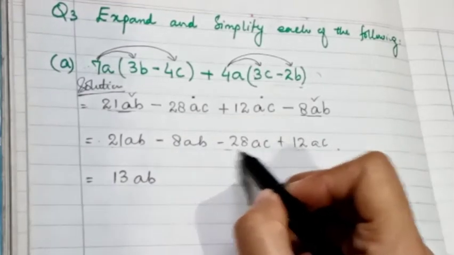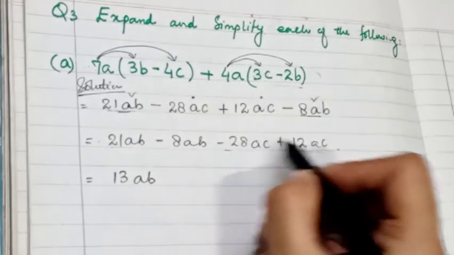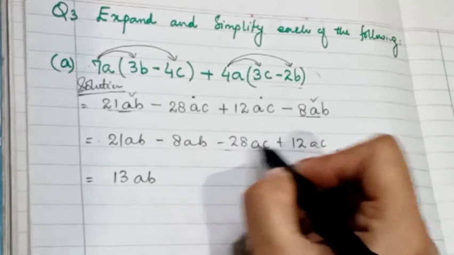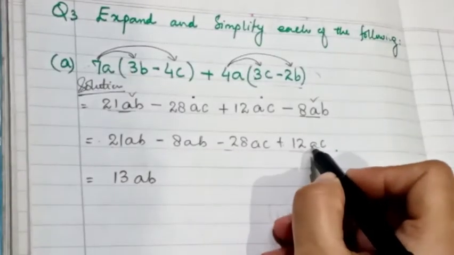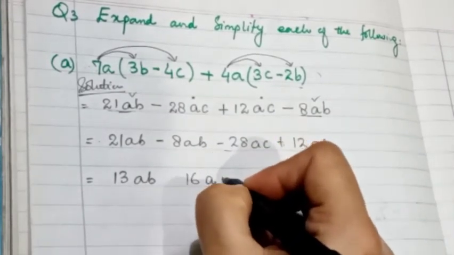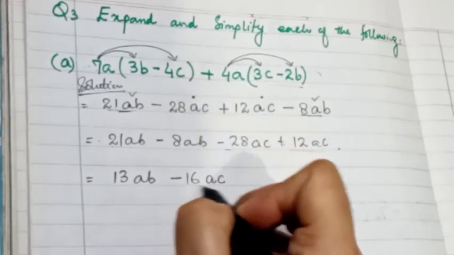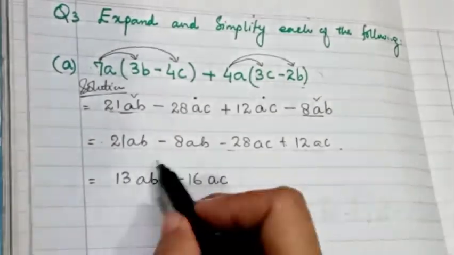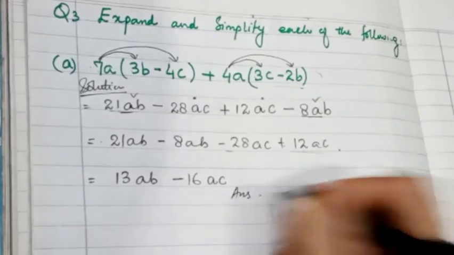Minus 28ac plus 12ac, so minus plus minus, we have to subtract these two terms, and 28 minus 12 will be 16, so we have to write 16ac. Here we have bigger term 28ac with a negative sign, so we have to put a negative sign with this 16ac, so I am writing minus 16ac. This is our answer.